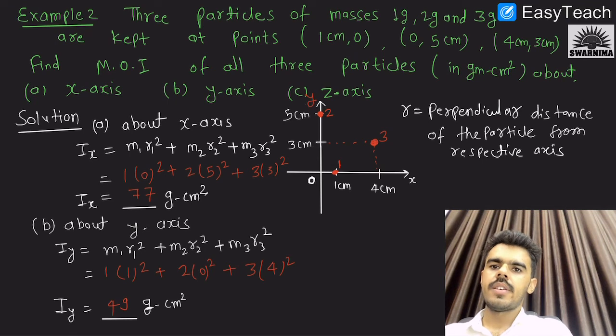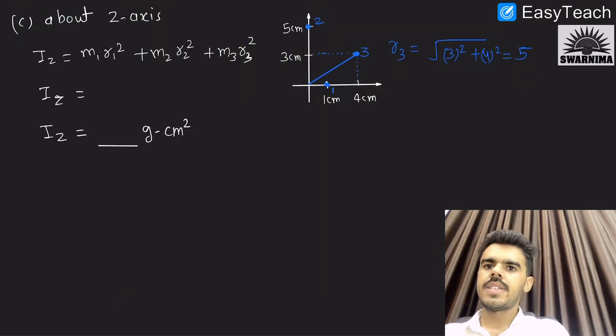And now we see Iz. So Iz is the axis passing through this point and perpendicular to the plane xy. So the distance of the particle of 1 gram becomes this 1 centimeter.